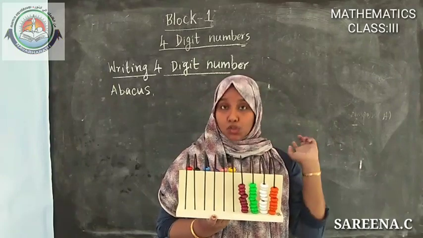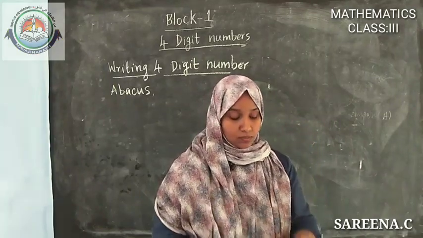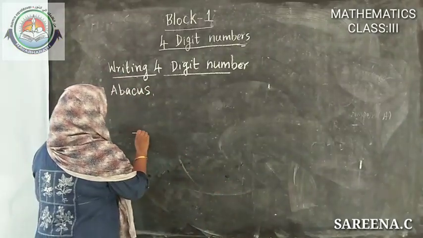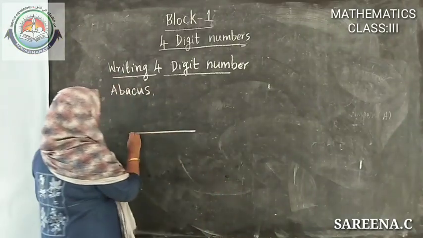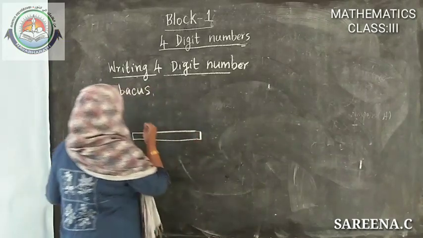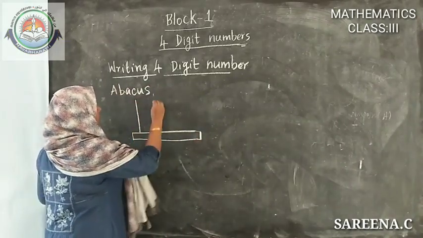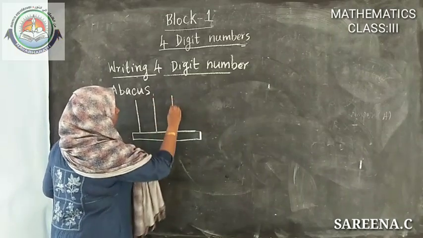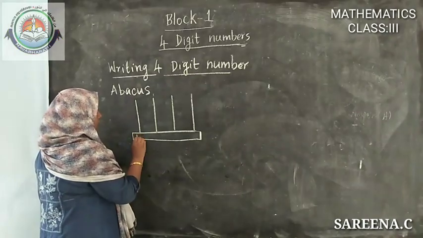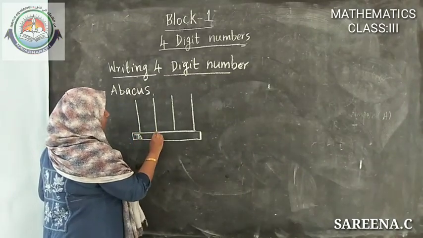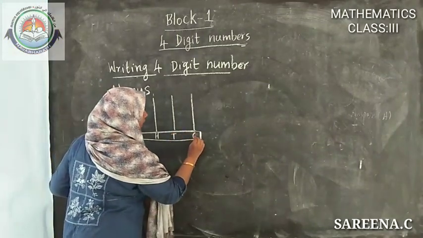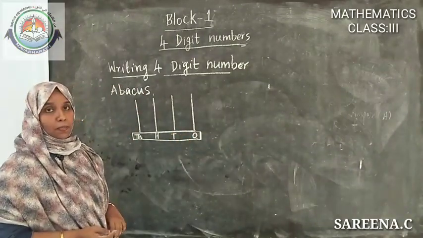Okay, I will draw the abacus on the board. An abacus we can draw in your notebook or on a plain paper like this. This is thousands, hundreds, tens and ones.